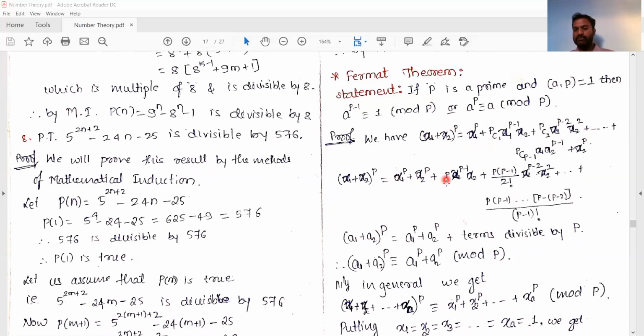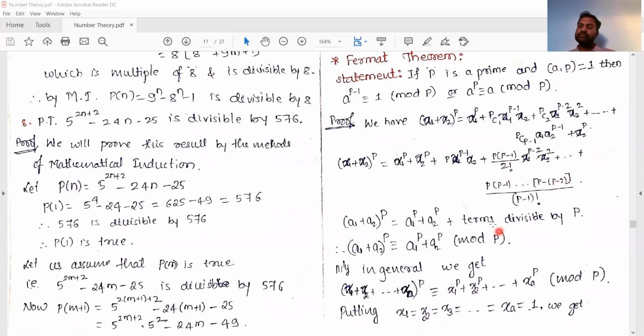After the first and second terms, from the third term onward every term is a multiple of p: p into this, p into that, and so on, the last term also p into. Each term is a multiple of p here, therefore this is a term divisible by p.